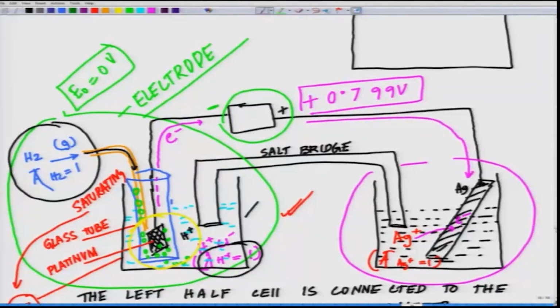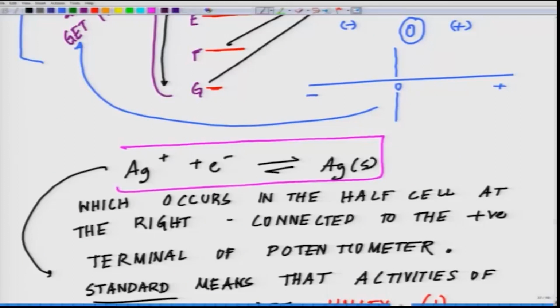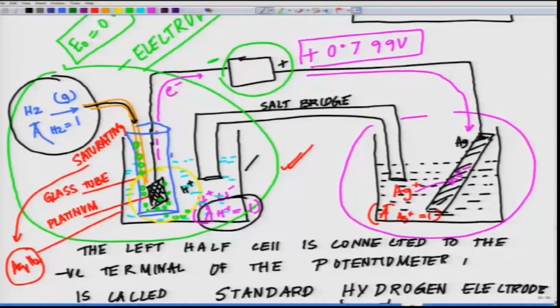So, what was the reaction we started with? Our reaction was this one, where silver ions from the aqueous medium are traveling to the surface of the Ag metal, and out here this silver is obtaining an electron and becoming Ag.